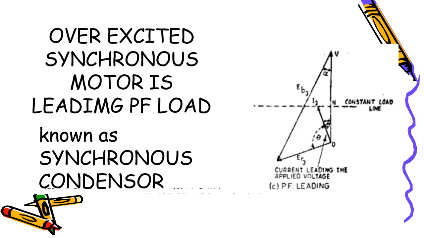Effectively, the machine is taking what? A leading current, or the machine is becoming a leading power factor load now. So what happened? We have controlled the excitation, and this is the over excited condition. Overexcited synchronous motor is working as leading power factor load.